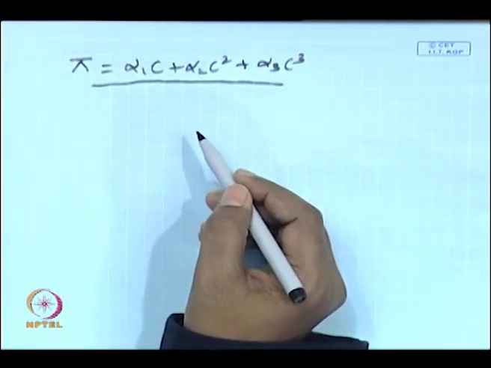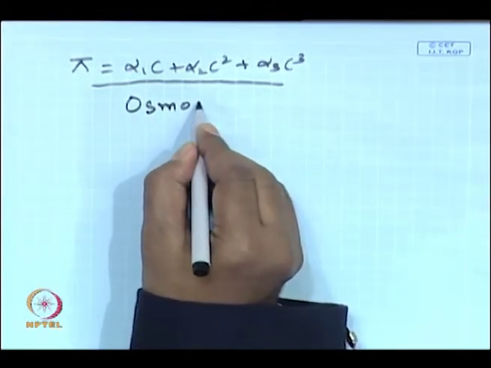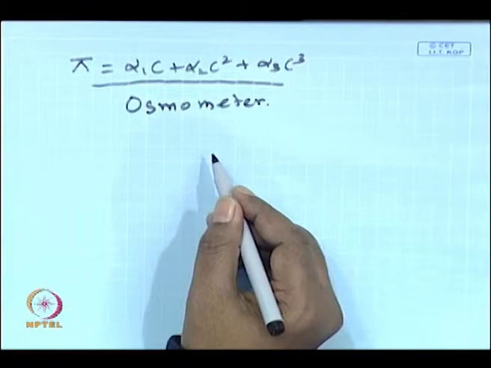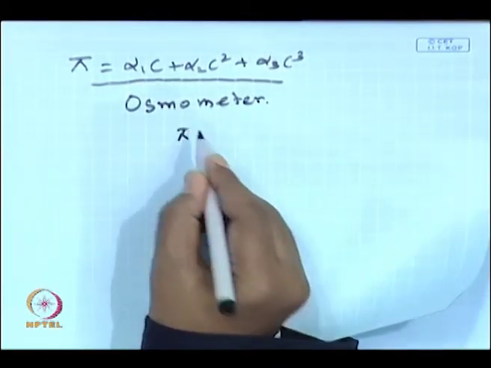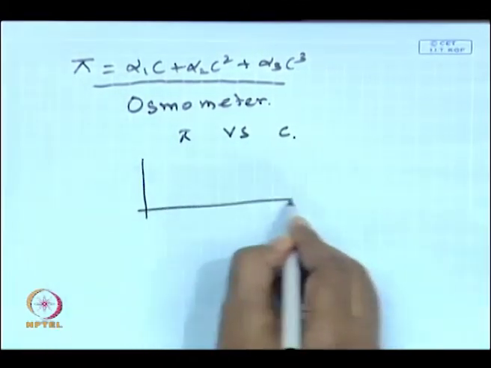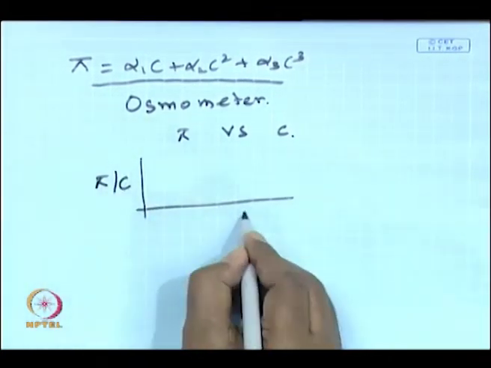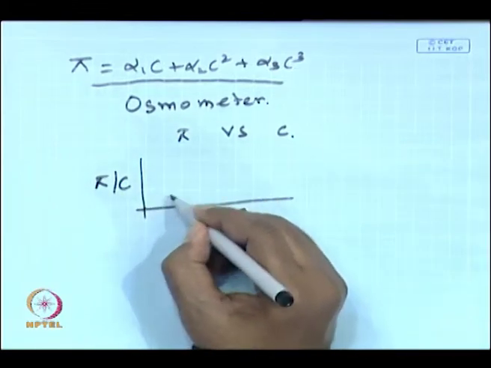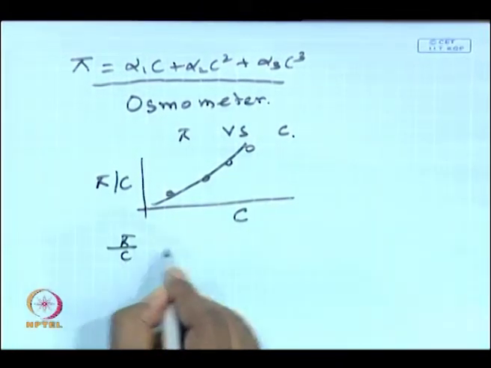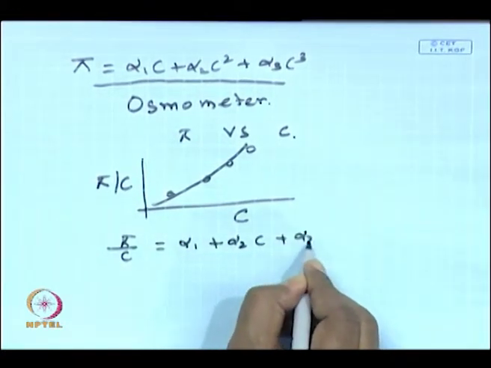People use an osmometer. The osmotic pressure measurement instrument is called an osmometer. They conduct experiments under various concentrations and measure the osmotic pressure pi versus C. Then it is plotted, and the trick is you should not plot pi versus C, you should plot pi by C versus C. Then fit a polynomial and express pi by C versus C as something like alpha 1 plus alpha 2 C plus alpha 3 C square.